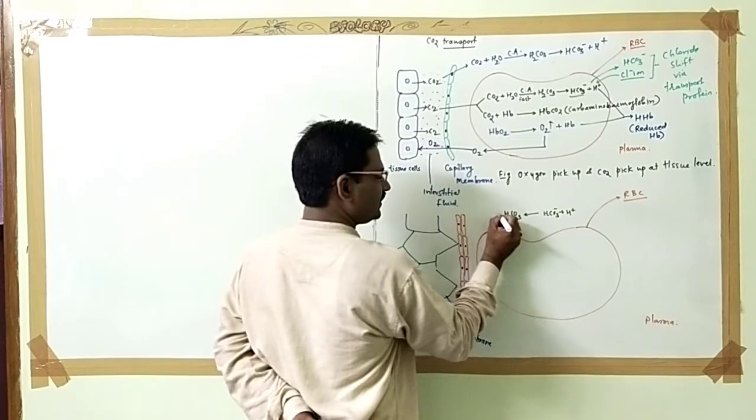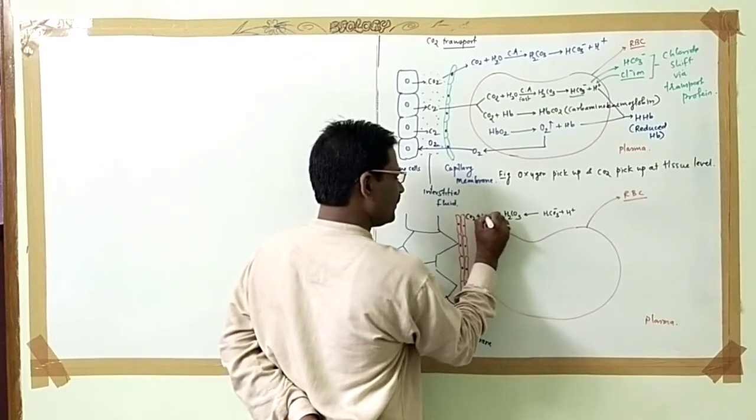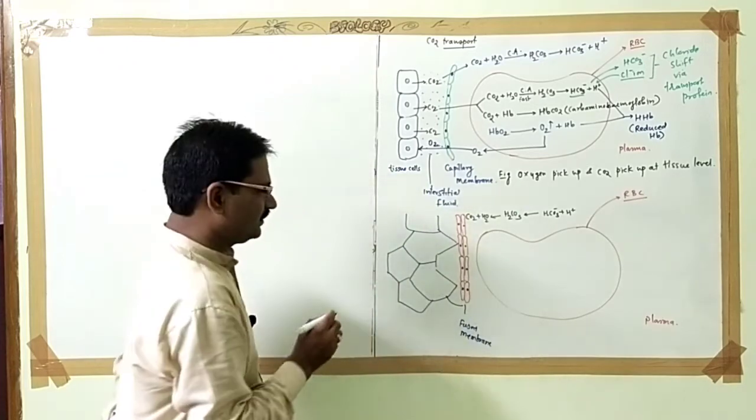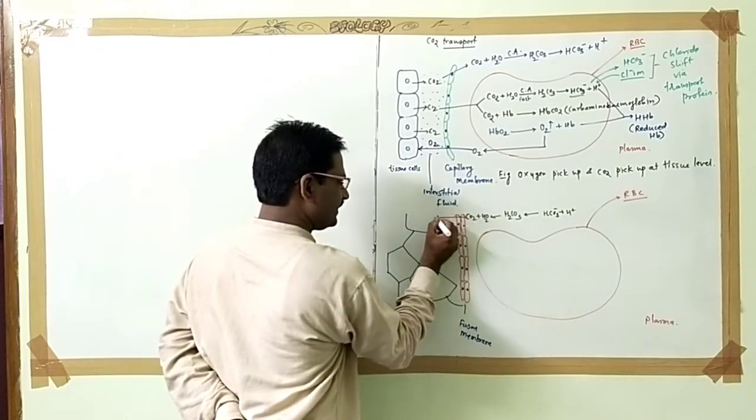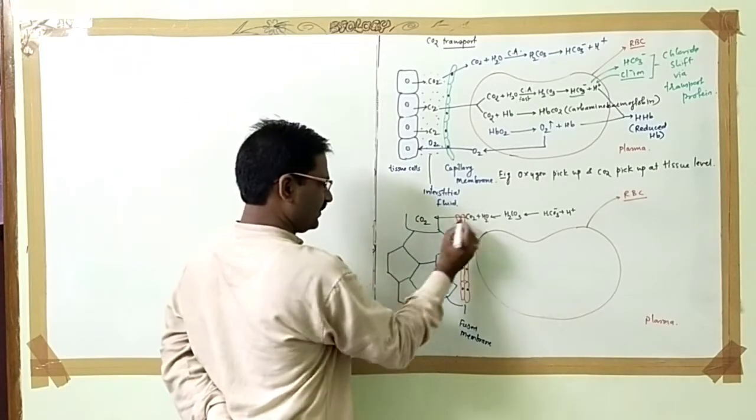H2CO3 dissociates to form CO2 plus H2O. Okay, this CO2 gets excreted out in lungs.